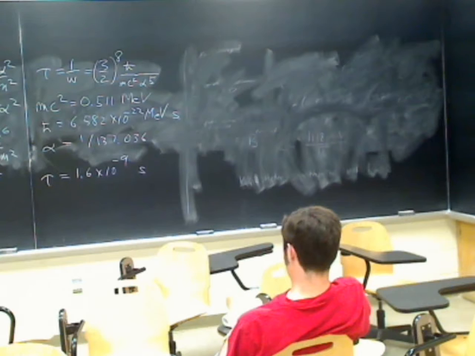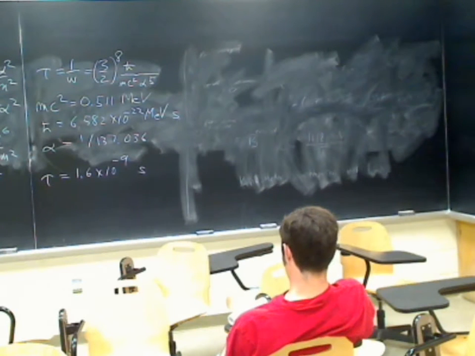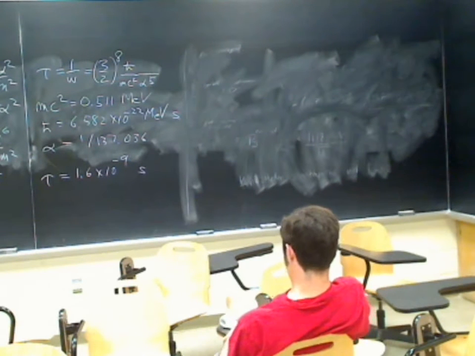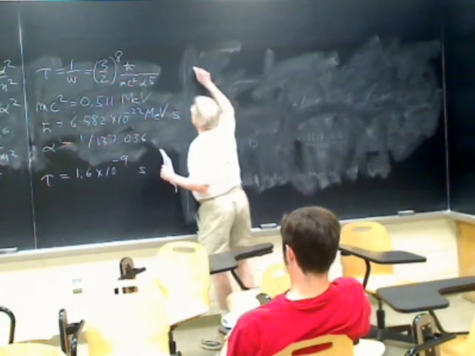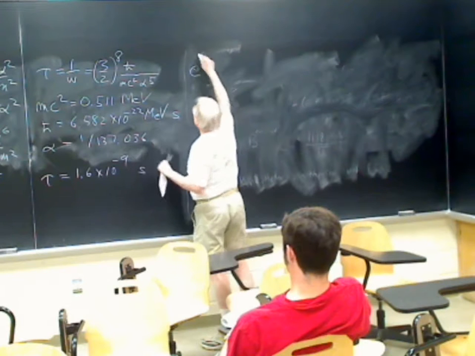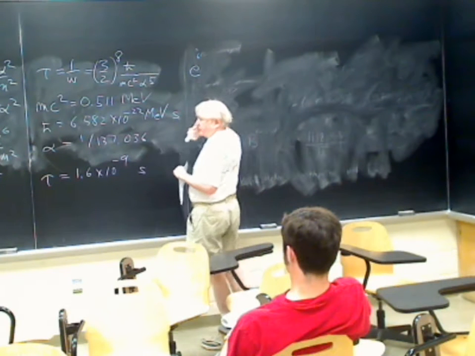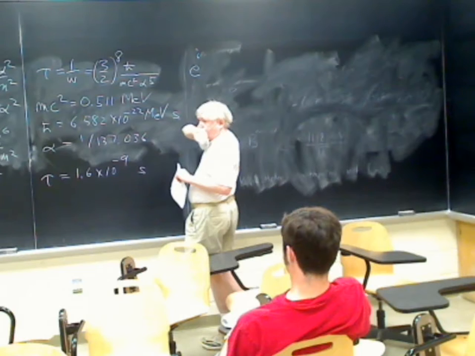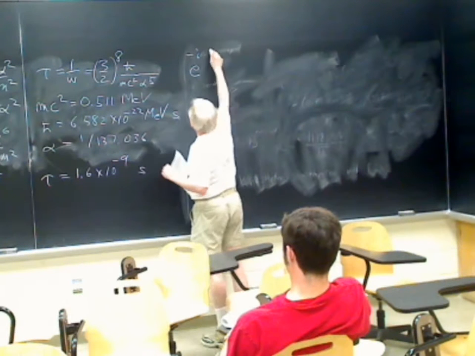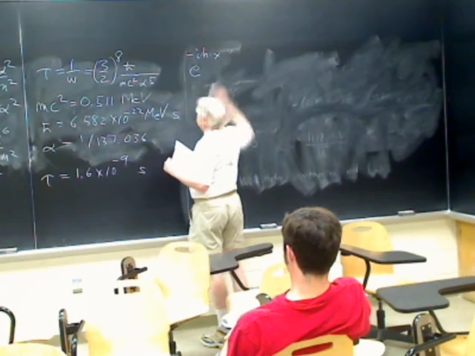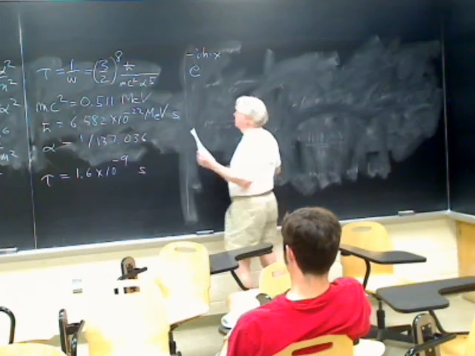Let me say a couple more things, though, about corrections to the dipole approximation. If you take the next term, actually, no, never mind. In our case, it's e to the minus i k dot x because we were talking about creating a photon.